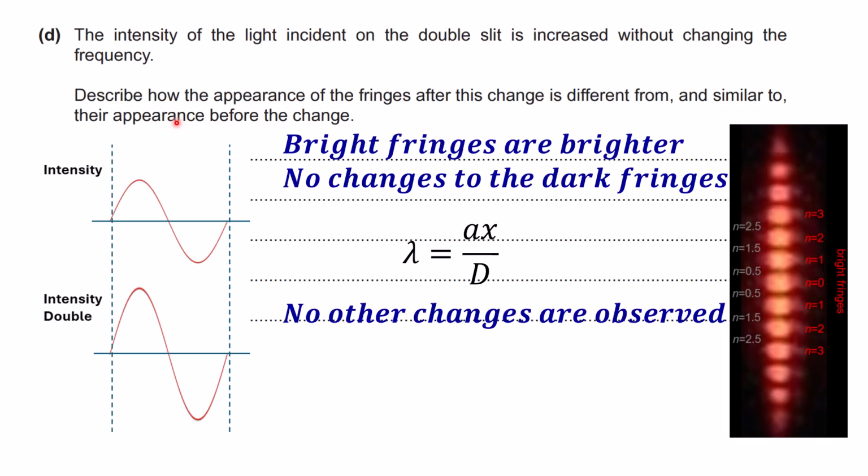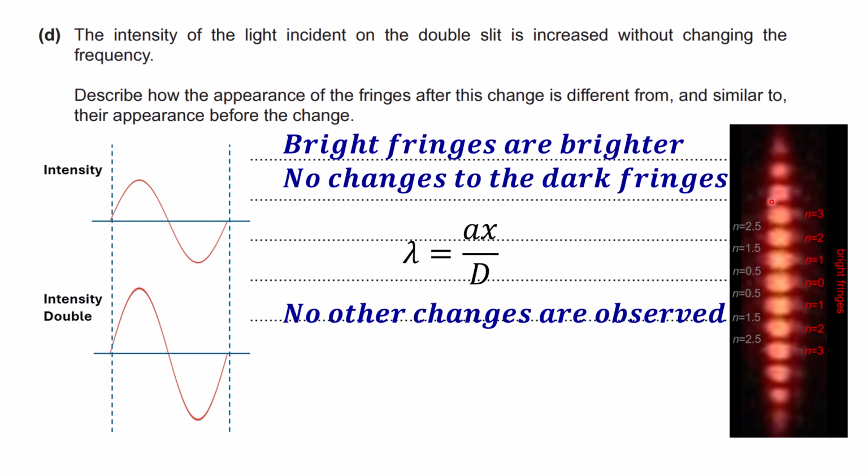Now the light that comes from the slits has a change. One of the lights has double the intensity and keeps the same frequency. So how will this affect what we see on the projection, on the fringes that appear? So number one, the bright fringes are brighter because now one light is more intense, has a higher intensity, greater amplitude than before. No change to the dark fringes.